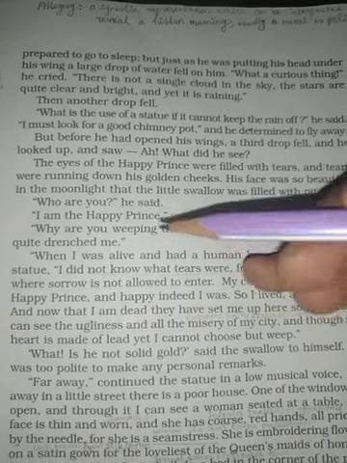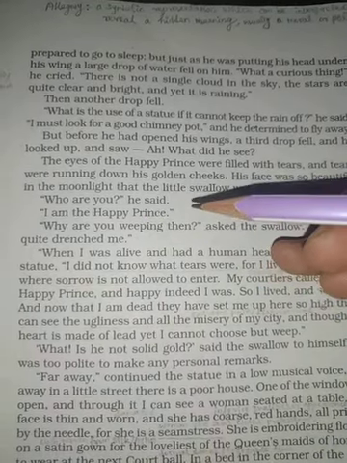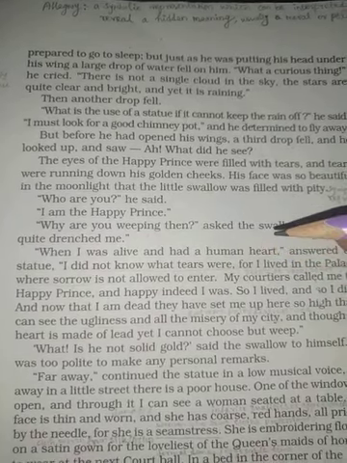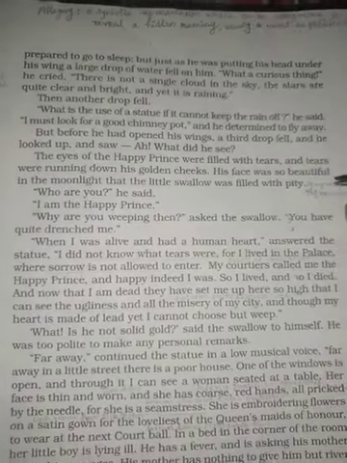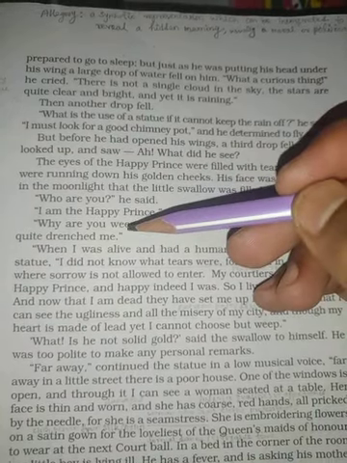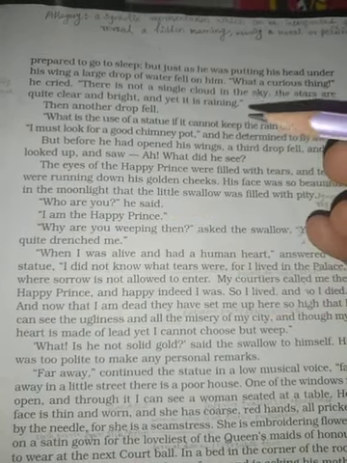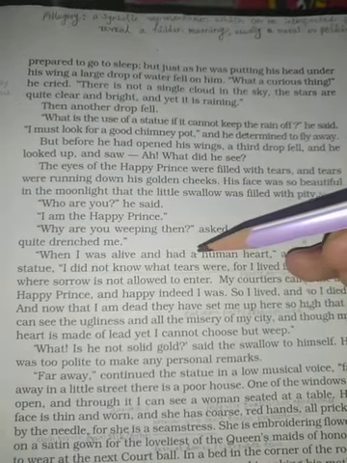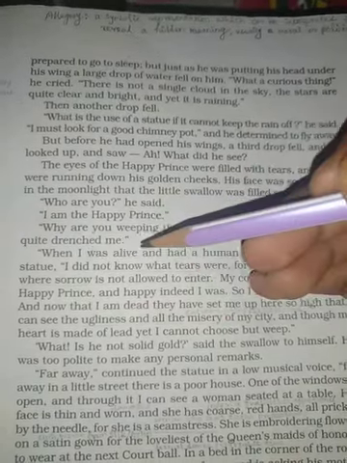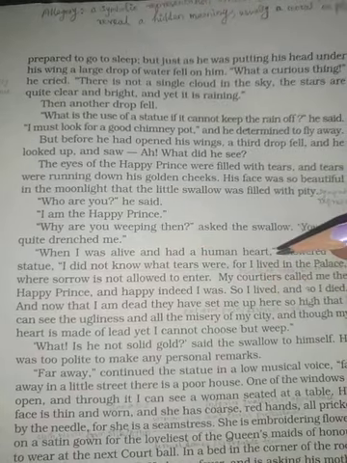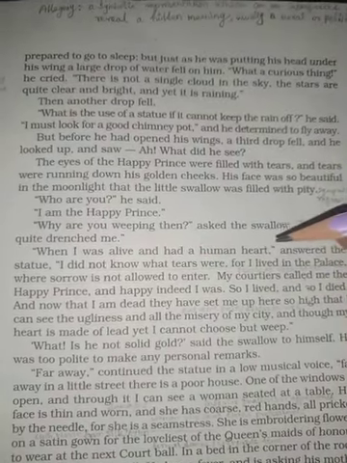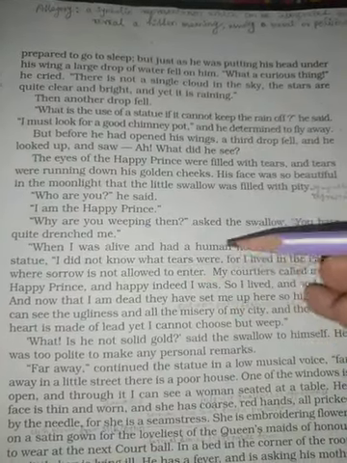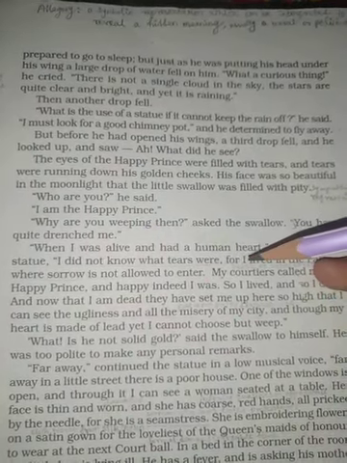Who are you? he said. I am the Happy Prince, the statue replied. Why are you weeping then? asked the swallow. You have quite drenched me with your tears. When I was alive and had a human heart, answered the statue, I didn't know what tears were.